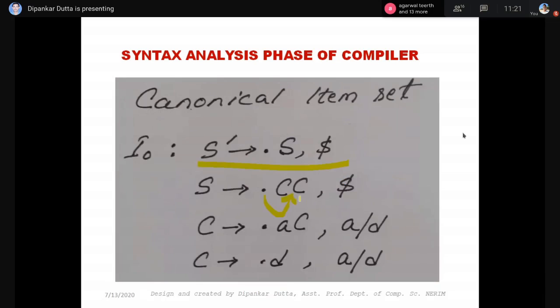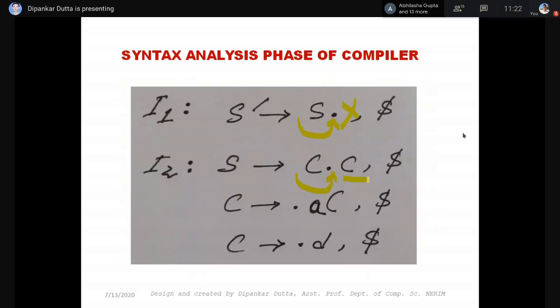The remaining part was what? C dollar. It will remain same. C comma dollar. But in the closure set, we have to calculate the look aheads. Maybe somewhere it is same, maybe somewhere it will be different. Okay.